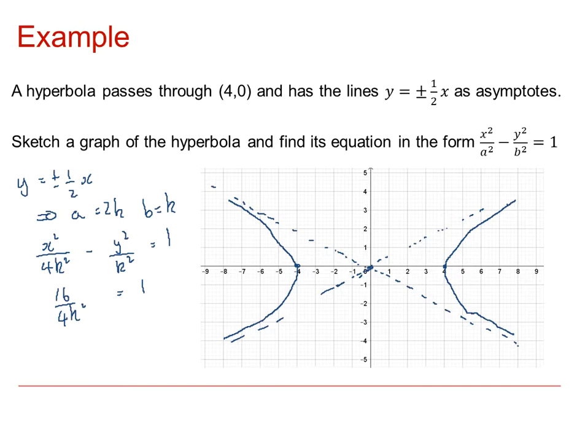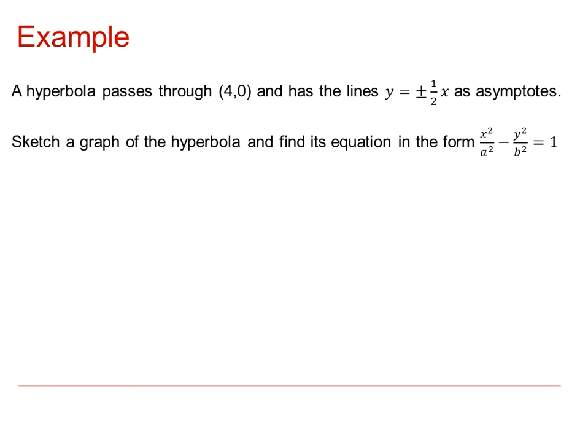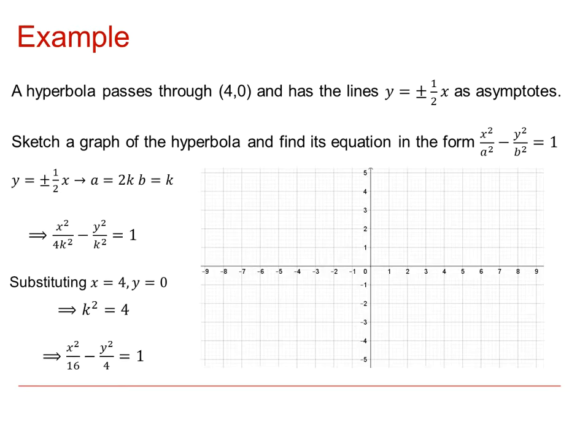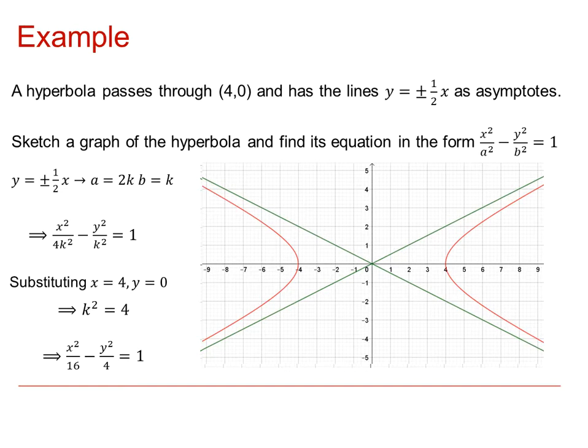But if k squared is equal to 4, then we have that x squared over 4k squared is x squared over 16, and minus y squared over k squared, so y squared over 4 must be equal to 1. So that's our equation for our hyperbola, and I've got that together with a rather neater sketch on the next slide, and there we are.